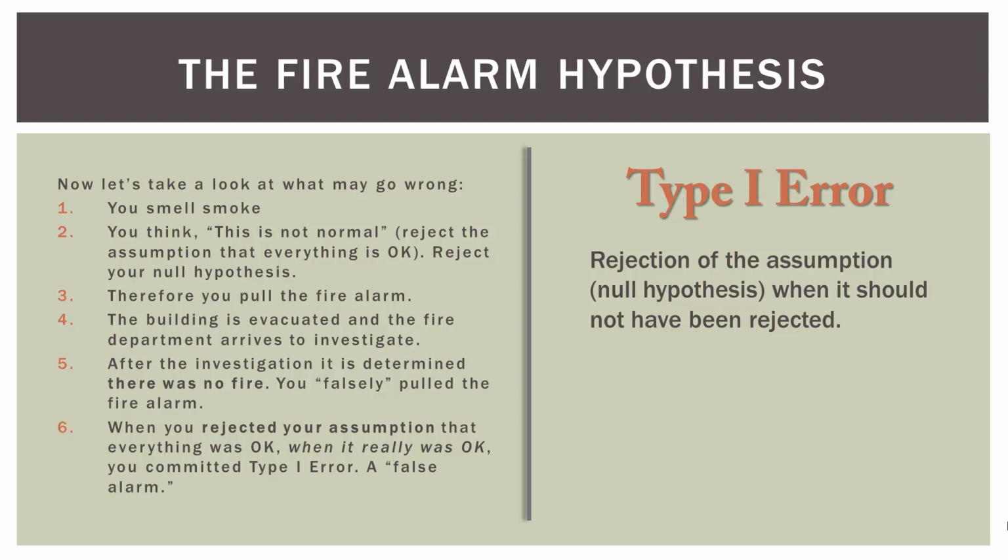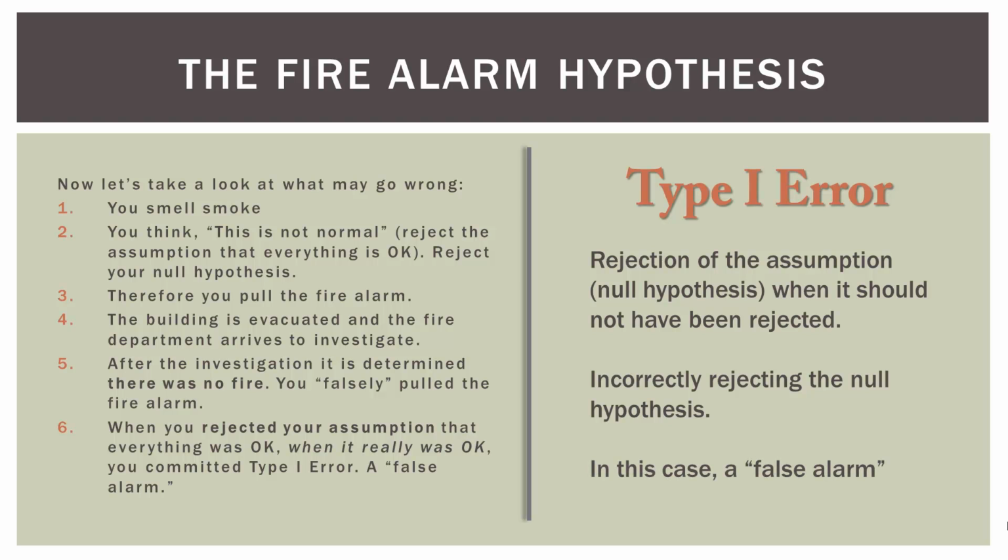You can think of it as incorrectly rejecting the null hypothesis, in this case, a false alarm. And again, this is a real-world situation, but it is a perfect example of what type 1 error is: rejecting the null when it should not have been rejected.